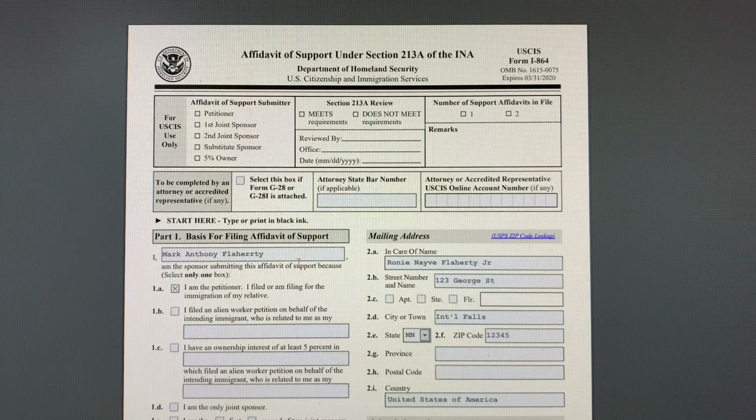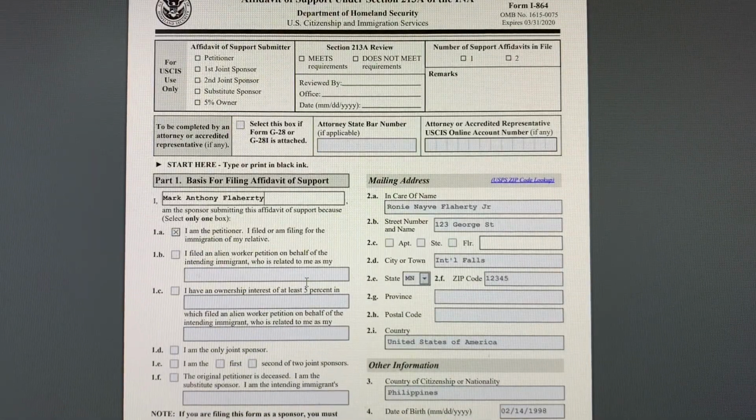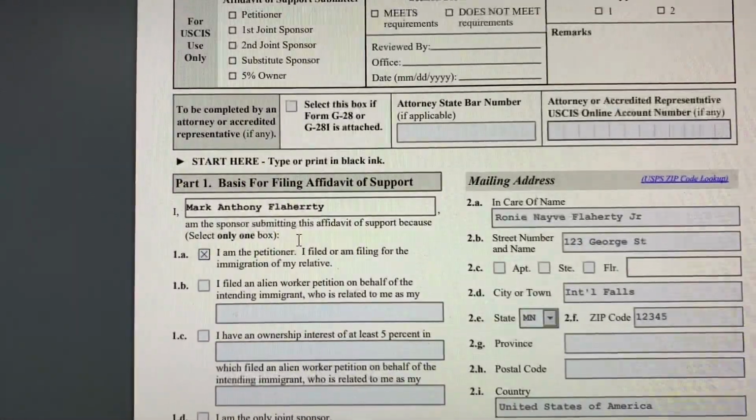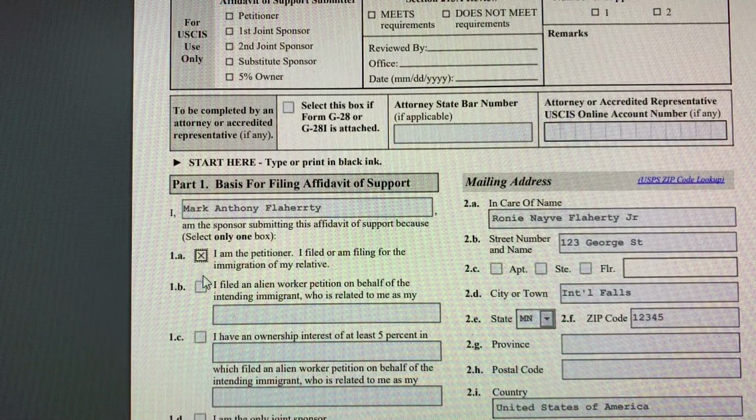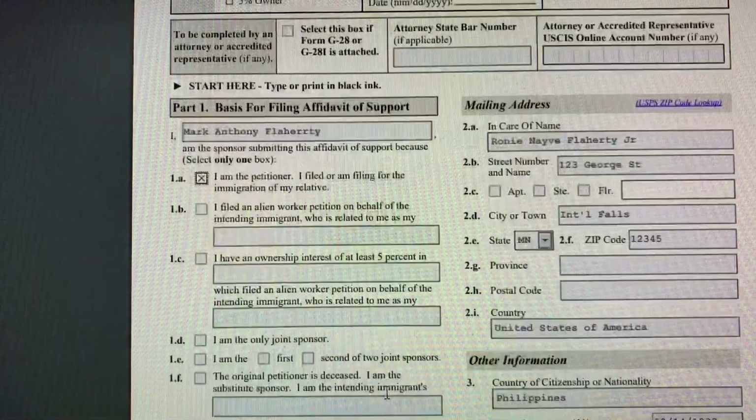First, the sponsor: I am the sponsor submitting an affidavit of support, and I am the petitioner. I filed, or I'm filing, for the immigration of my relative. So yeah, put an X on this one.